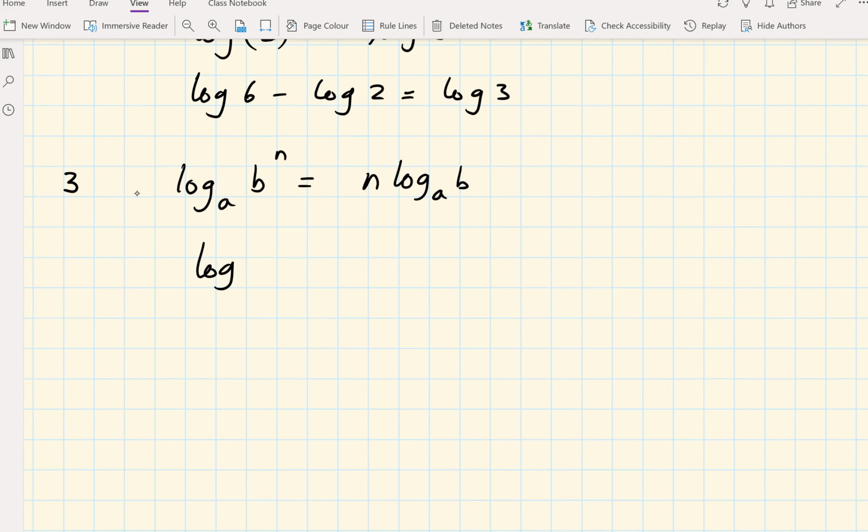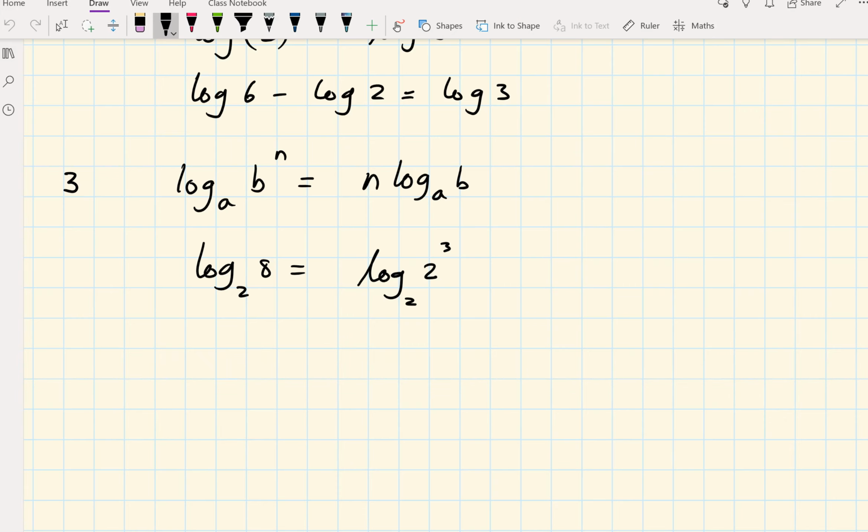If I take the log to the base 2 of the number 8, well, 8 I know is 2 cubed, so this is log to the base 2 of 2 to the 3. According to the law above, we can rewrite this as 3 times log to the base 2 of 2.